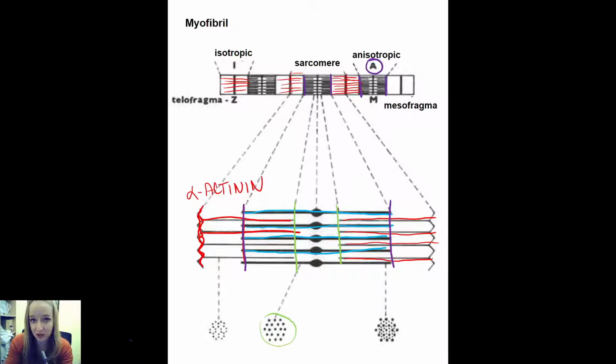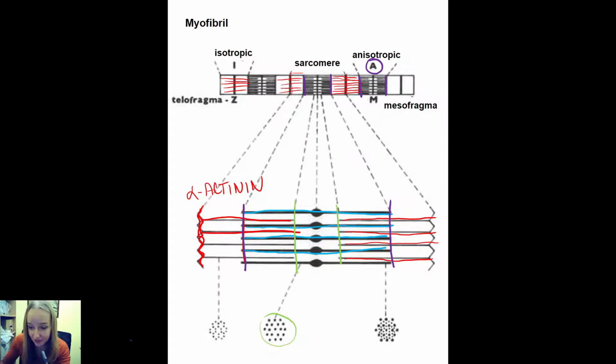It's light in a polarizing microscope, but dark in light microscopy because we have thick filaments and thin filaments together in one band. That's why it's darker, eosinophilic, because there are more proteins in it. So you should know there are thick and thin filaments in the A band. Sometimes we can also describe this H band in the middle of the A band that contains only thick filaments, but this depends on the state of contraction.